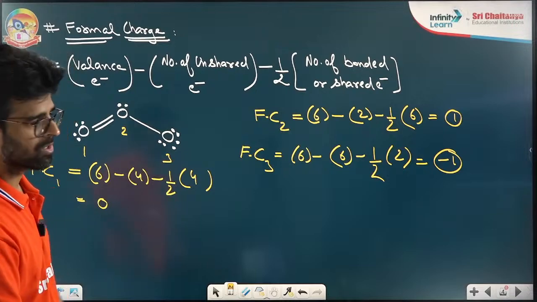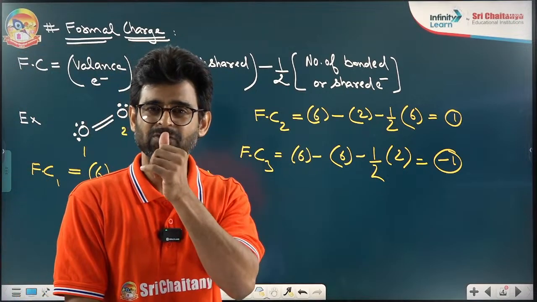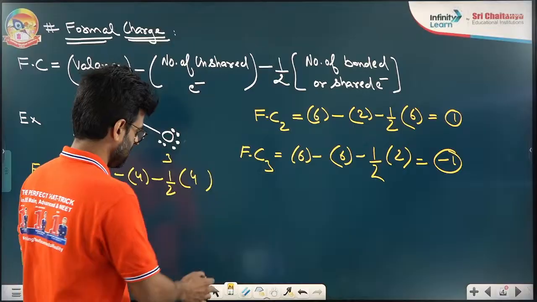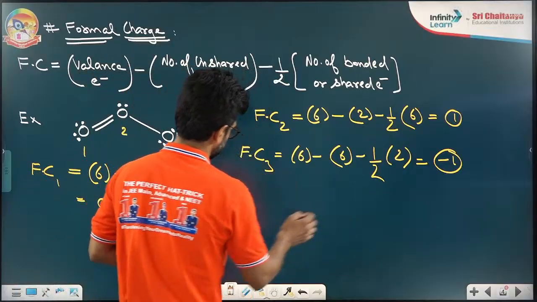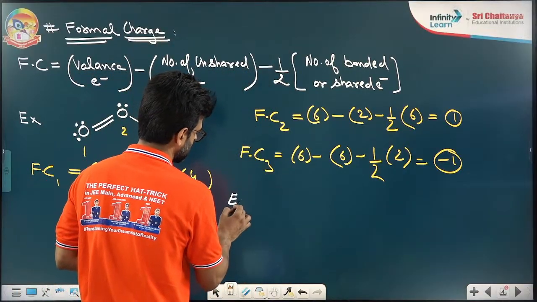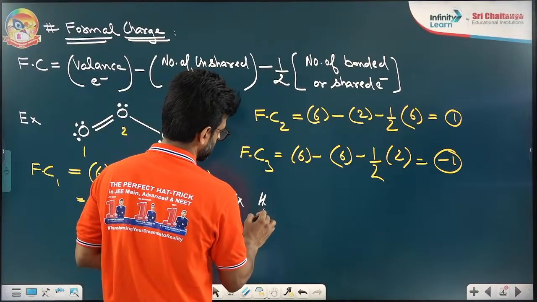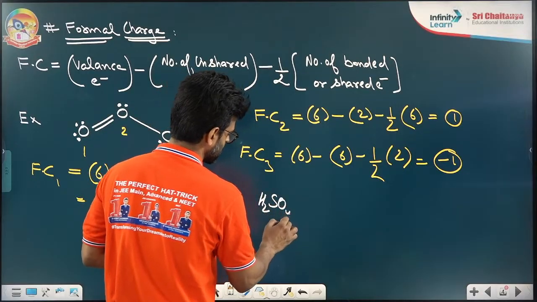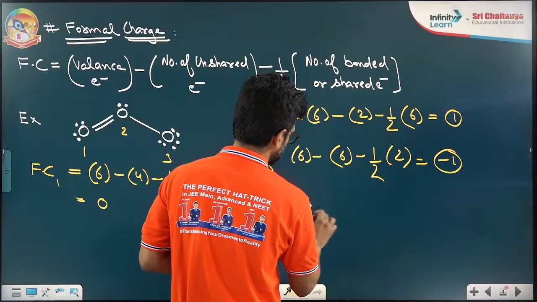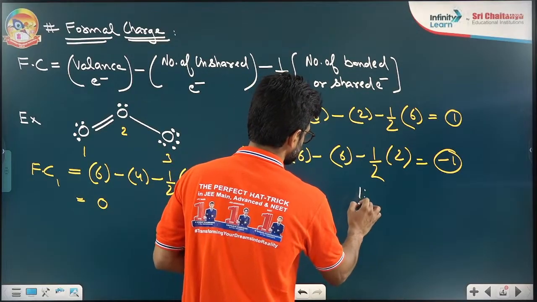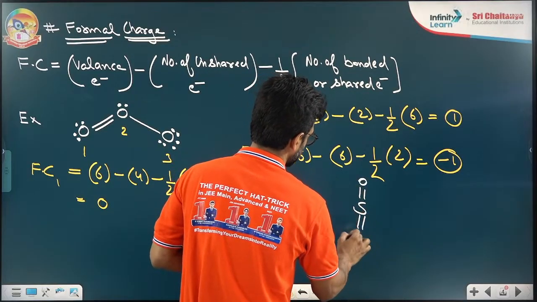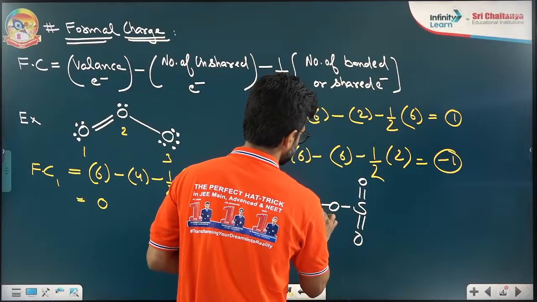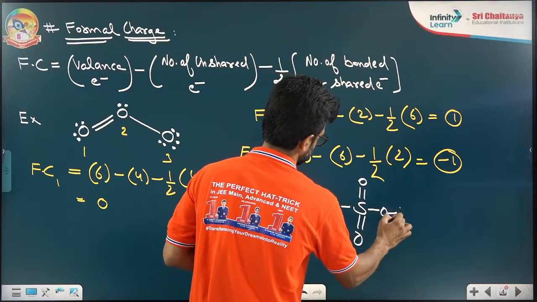Okay, the next one I'm going to talk about is H2SO4. Fine, for this one now. We are having sulfuric acid here, H2SO4. So it has 2 structures. The first one, the more accurate one I am talking about here. This one is the more authentic, the more real structure of H2SO4. Clear?